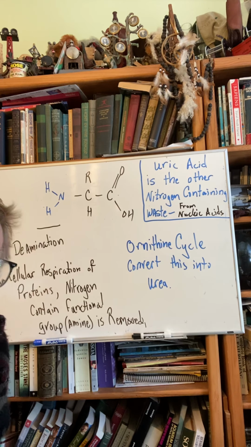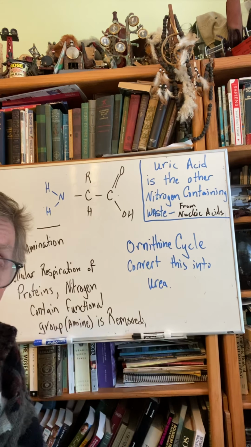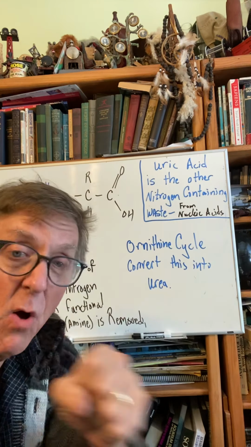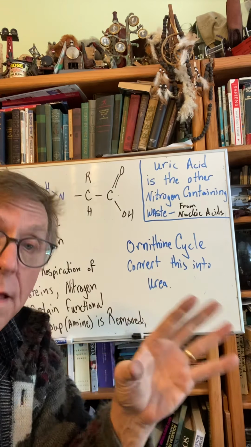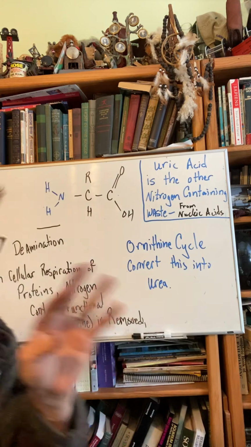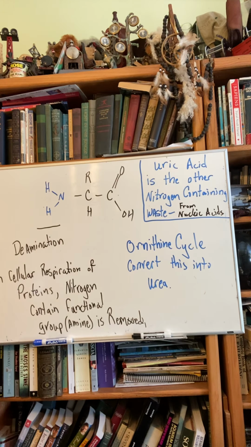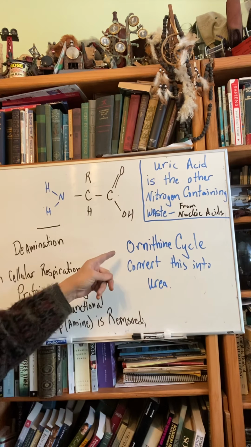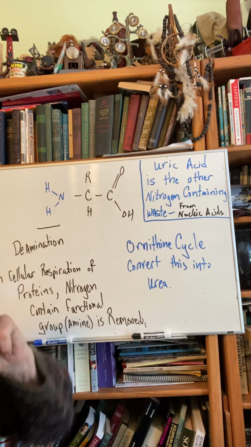Now, that nitrogen, if it's left to its own devices, is going to form ammonia. And if you've ever smelled an ammonia detergent, you know that isn't good for you. And it isn't. It's toxic, highly toxic. So again, from A&P 1, we had talked about a cycle called the ornithine cycle.